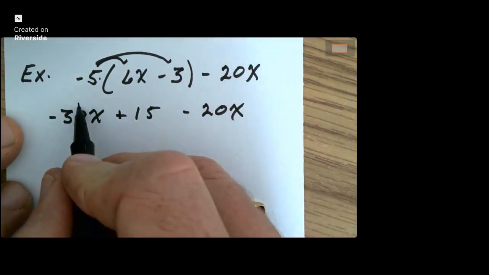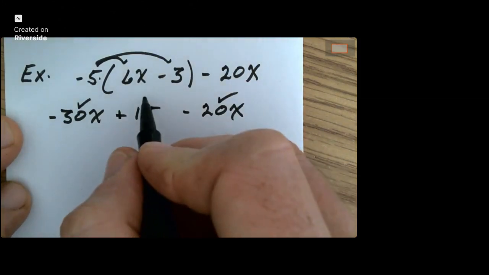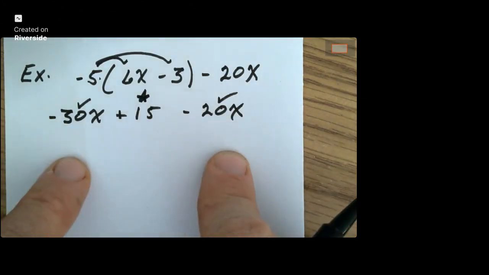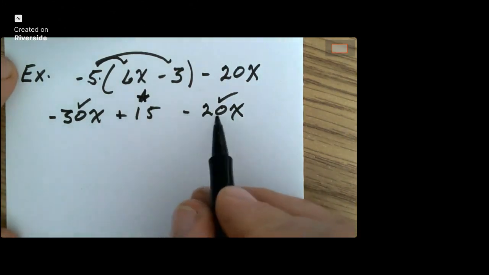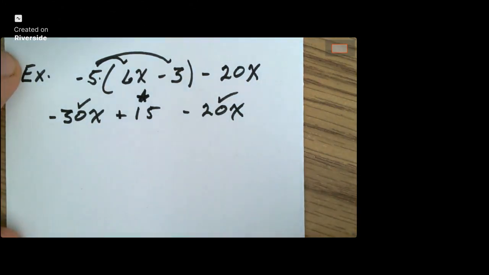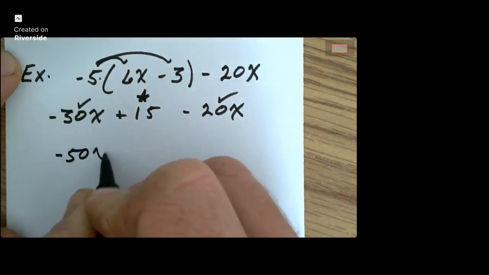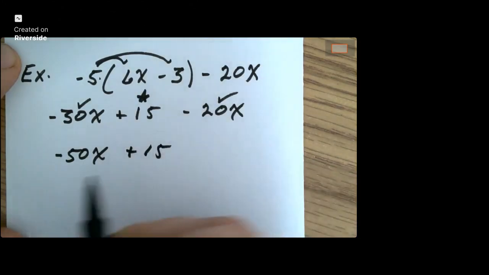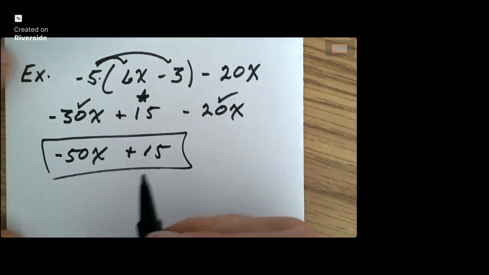Now we can start sorting. So we've got a variable term, another variable term, and then this one is just a constant, so it's something different. So let's pull these two out, scoot them together, and that'll become negative 30x's minus 20x's. So that'll end up being negative 50x's. And then we just have our plus 15 tacked onto that. And that's as far as we can go. We have a variable expression right there.